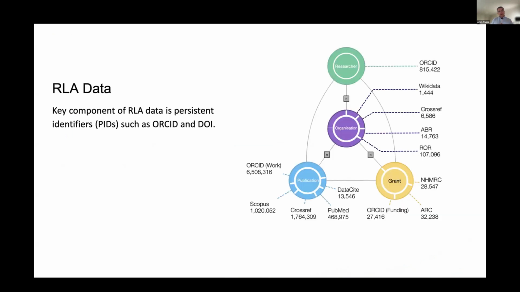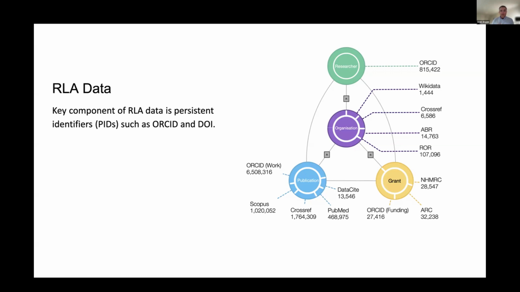And on the other side, we have the data provided by Research Link Australia, RLA. This uses the research graph meta model, which is basically a variation of a persistent identifier graph. In the case of RLA, it connects four main objects. Researchers, mainly identified by ORCID.